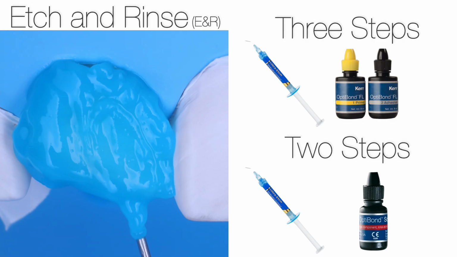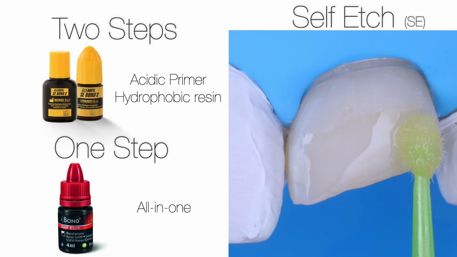So with this type of adhesive, we have to etch first, and then we have either 2 bottles or 1 bottle with the primer and the adhesive. In the self-etch group, we can find the 2 steps with the presence of an acidic primer and a hydrophobic bonding in separate bottles, and the 1 step that has it all in 1 bottle.